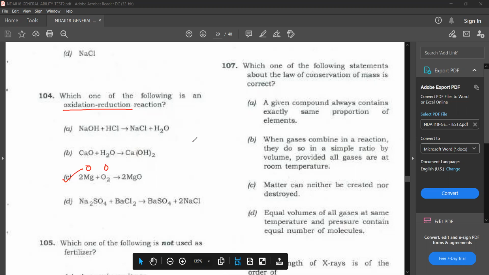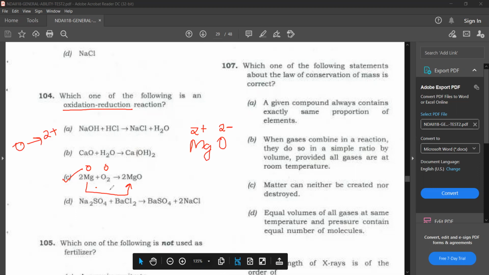Then when they become MgO, the oxidation number of Mg will become 2 plus, and the oxidation number of oxygen will become 2 minus. So Mg is undergoing oxidation because its oxidation number is increasing from 0 to 2 plus.